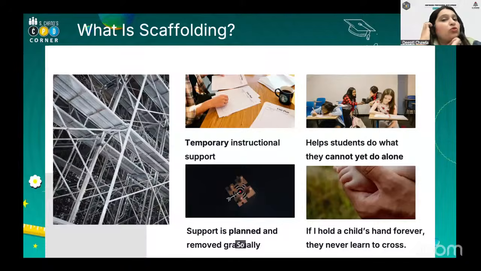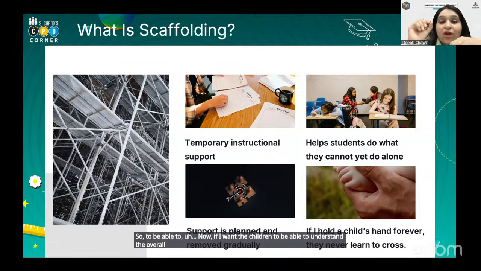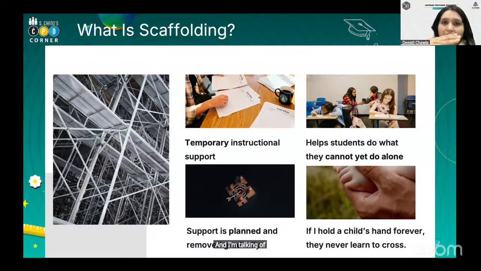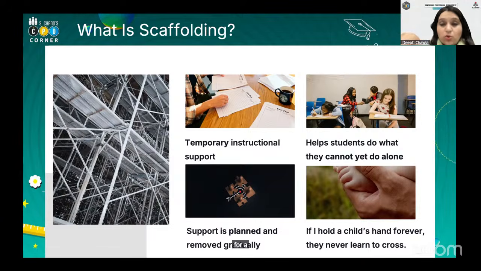Now, if I want the children to understand the overall theme and also identify specific arguments, then probably what I can do, and I'm talking of grade 4, 5, any grade above grade 4, is give them the paragraph to look at for a particular question. Now that is scaffolding.